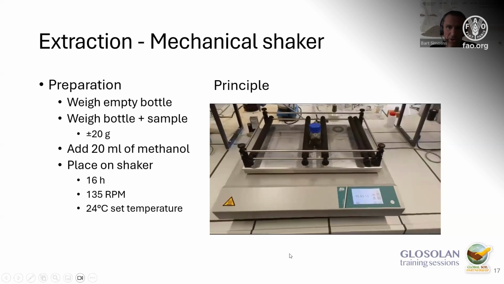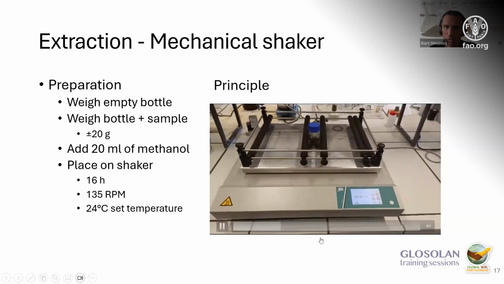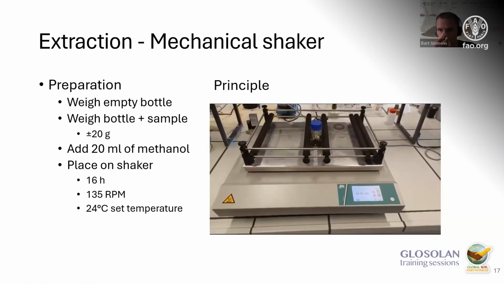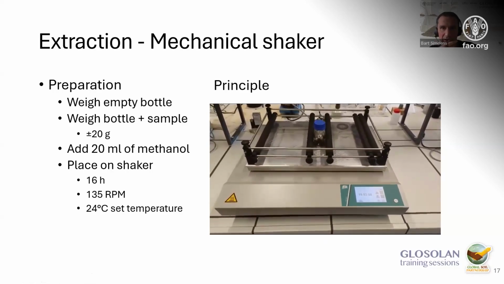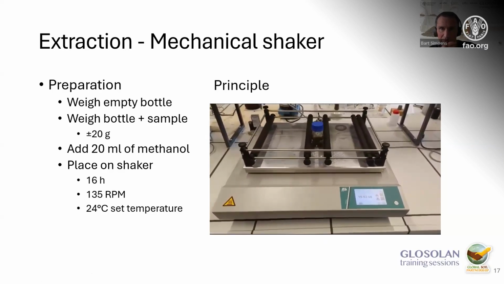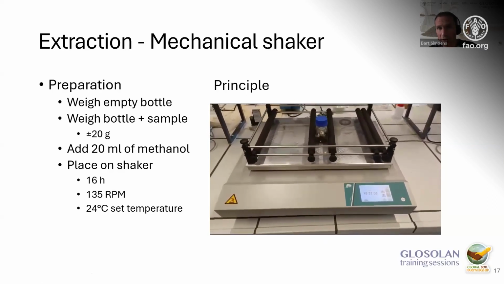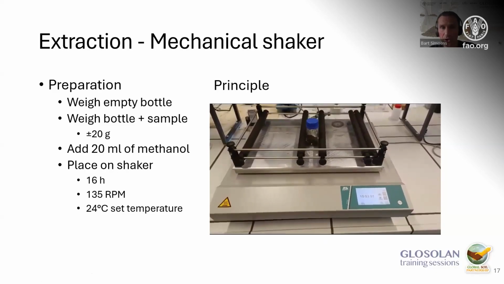I think Christophe also showed a picture of it in the introduction that he gave about these presentations. So basically, it takes 16 hours as well. In our case, at 135 rounds per minute, at a certain temperature that we try to keep fixed. Very simple.